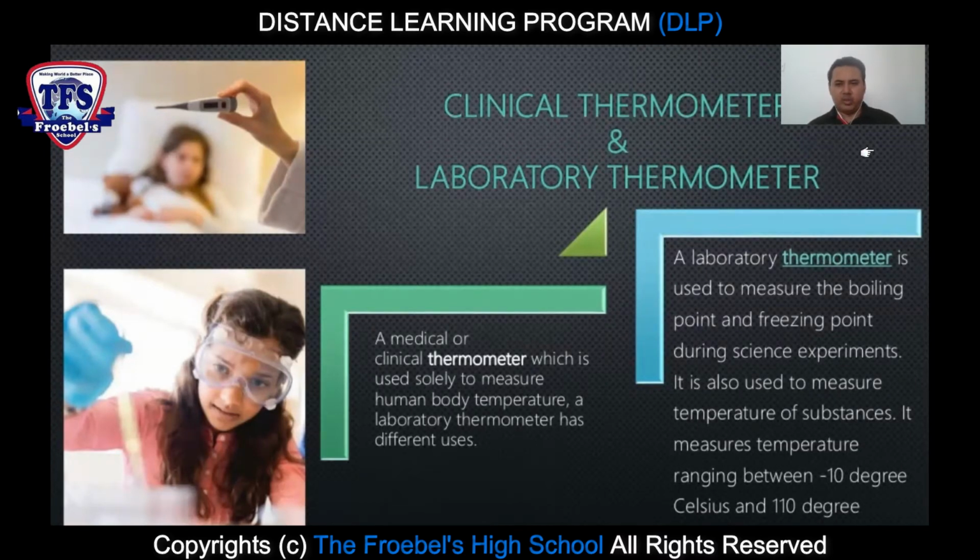Mostly, a laboratory thermometer is used to measure the boiling point and the freezing point during experiments, as I told you before. Their temperature range is about minus 10 degrees centigrade to 110 degrees Celsius. This is the important point, and you will get this in your calculations. The range of the scale is minus 10 to 110 degrees Celsius.